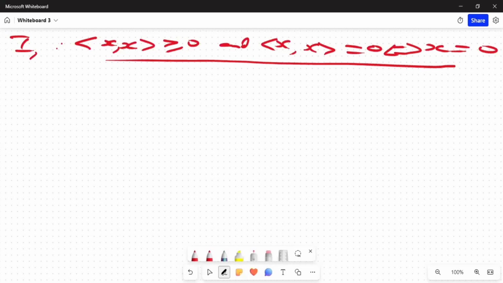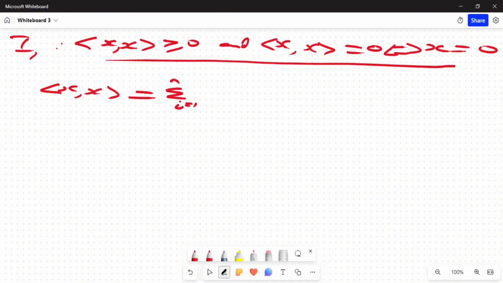But remember how in that example our inner product is defined. The inner product of x comma x is what? The summation of xi squared, i from 1 to n.